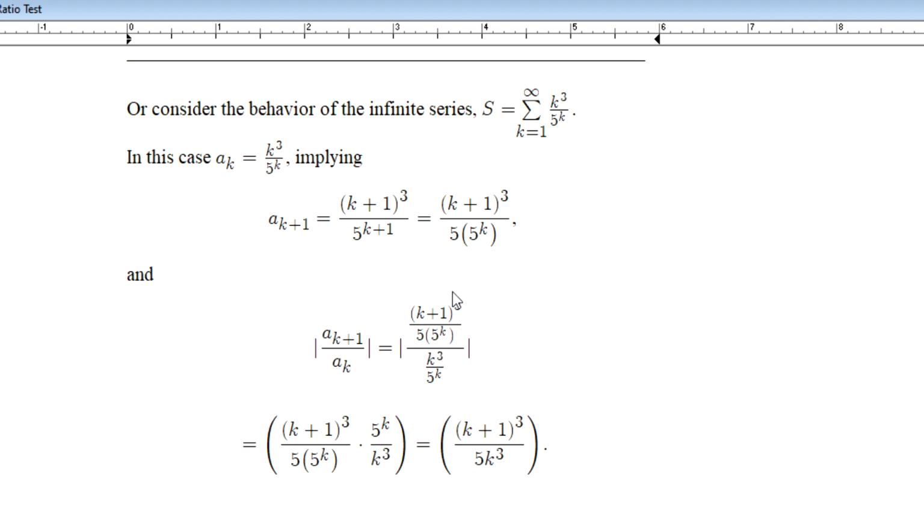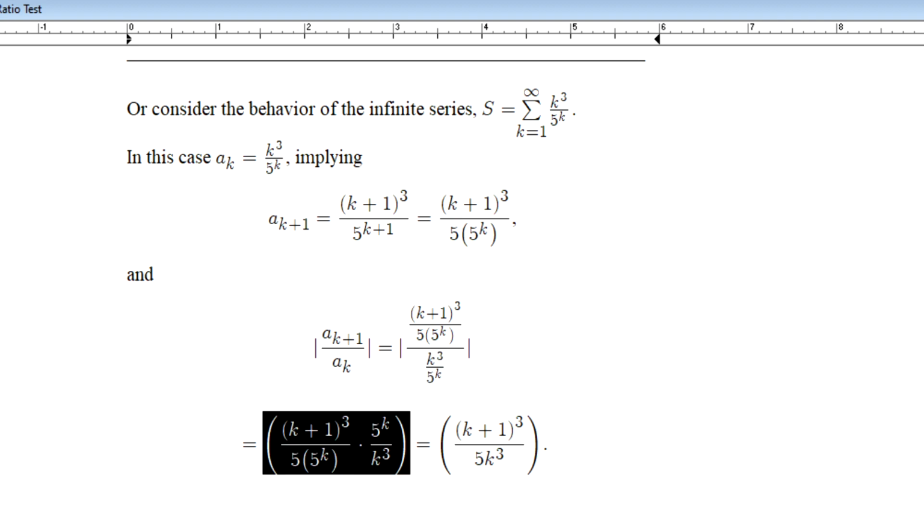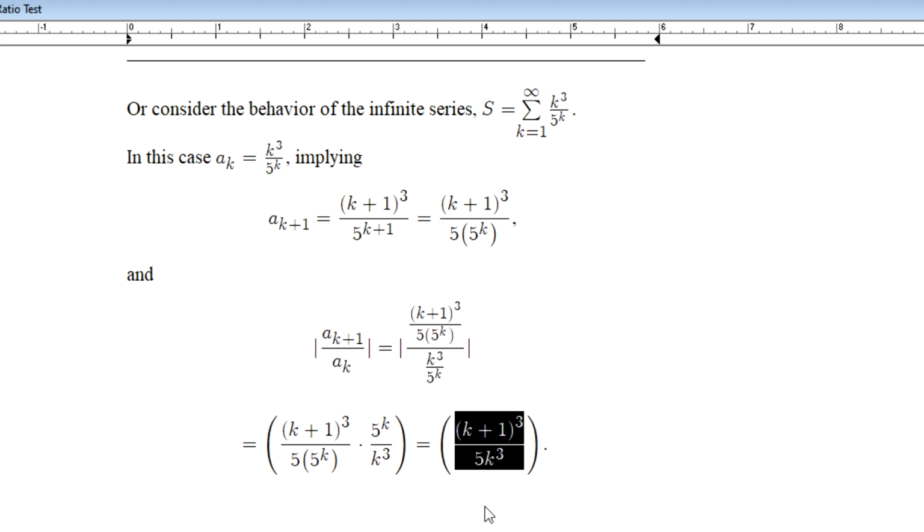And then as we've done in our previous example, instead of the complex form here, let's multiply by the reciprocal of the denominator. And we prepare this statement. Where a lot like the example before, we do see these 5 to the kth powers canceling with each other, leaving us with this result here, which does not simplify much further, folks.